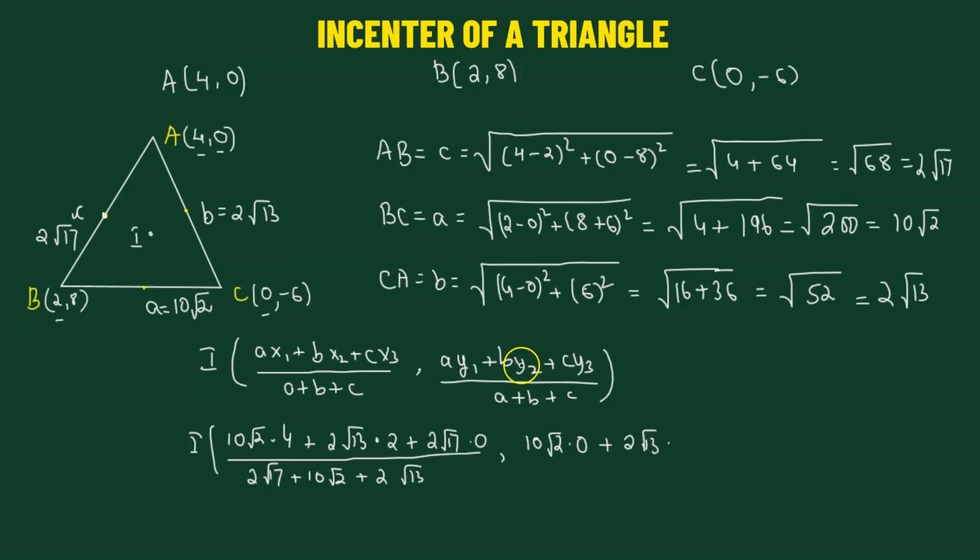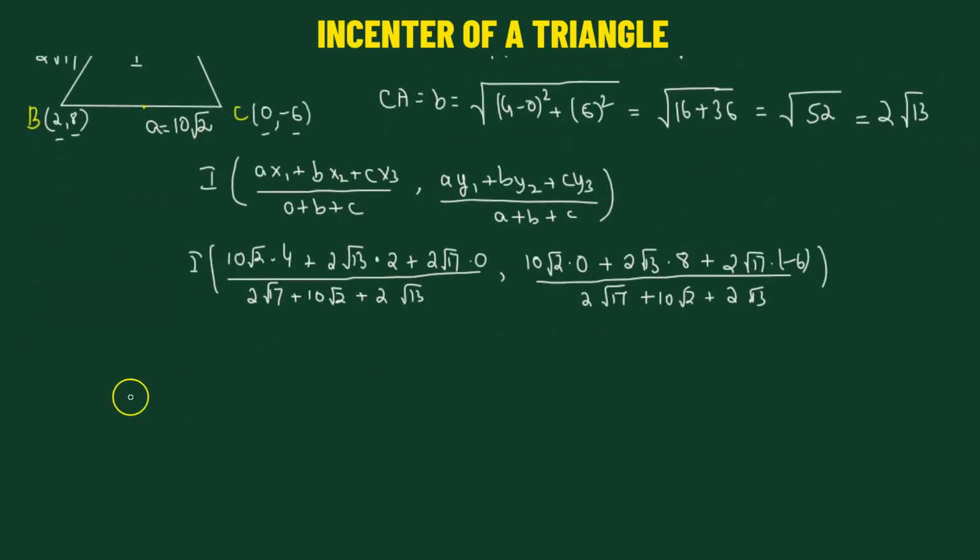This will be multiplied to Y2, so Y2 corresponds to the Y coordinate of B, so that's 8. Plus C, so C here is 2 times square root of 17, and that will be multiplied to Y3, so Y3 is the Y coordinate of C, so that's negative 6. Whole divided by A plus B plus C, so we have 2 times square root of 17 plus 10 times square root of 2 plus 2 times square root of 13. So let's simplify this.